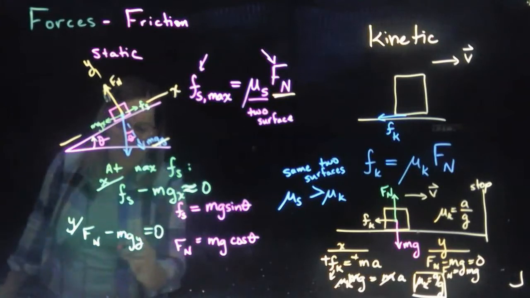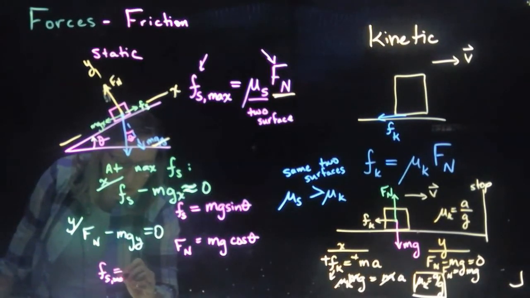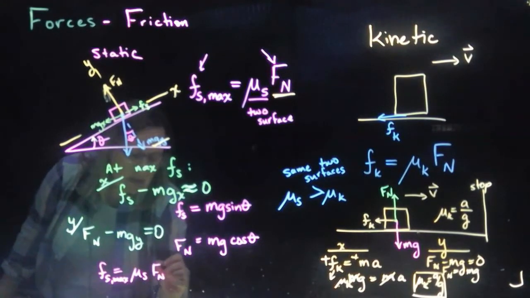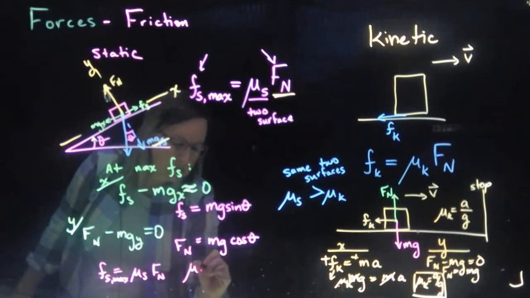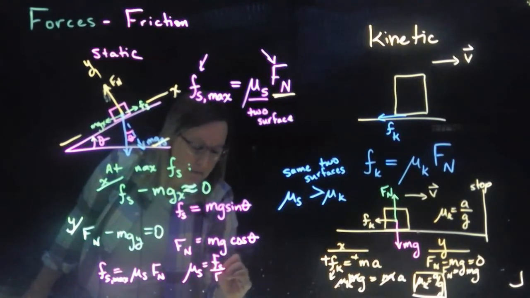So we can say our f sub s max, because that's where we are, is equal to mu sub s f n, or mu sub s is equal to f sub s over f sub n.